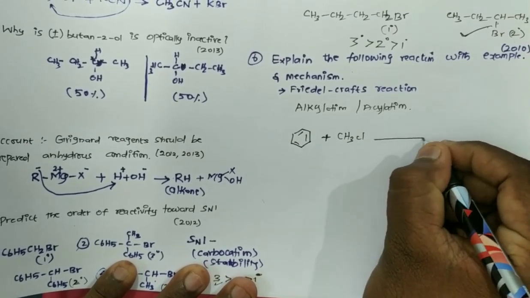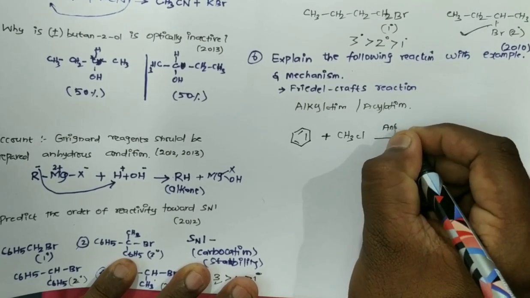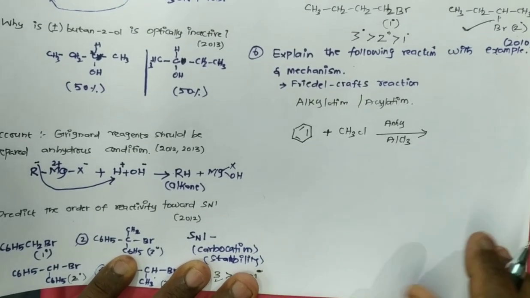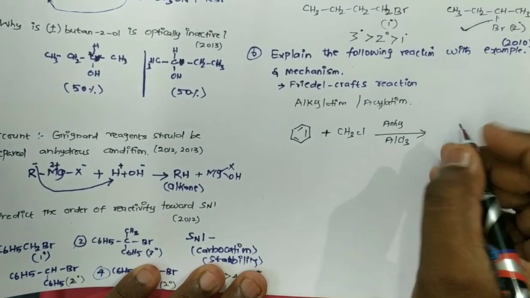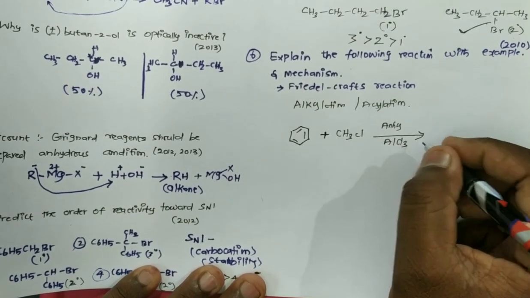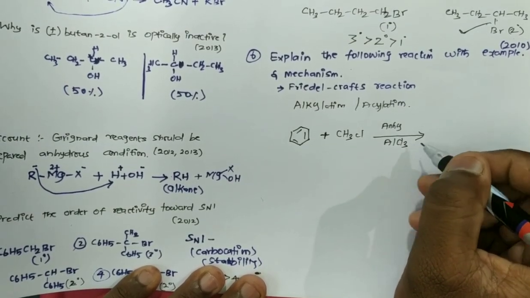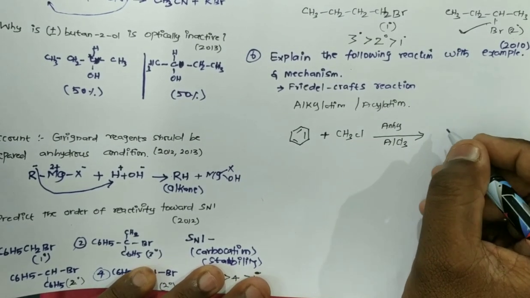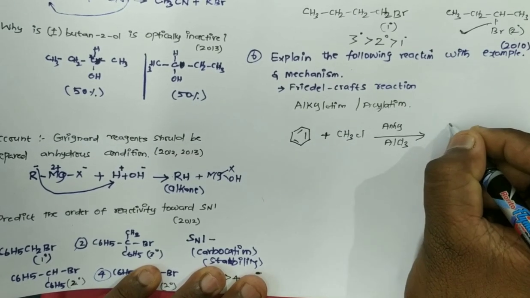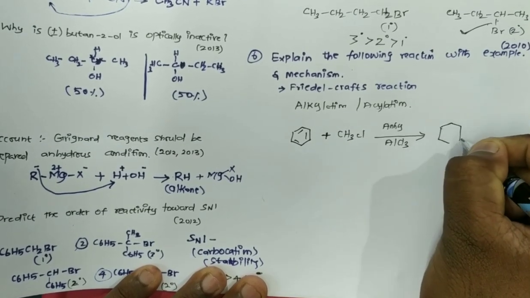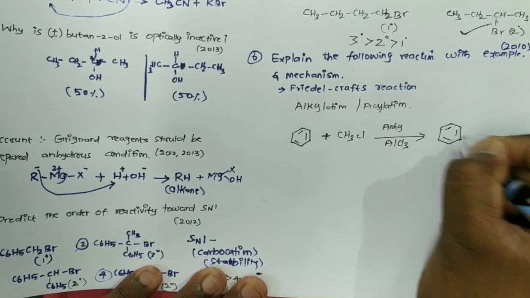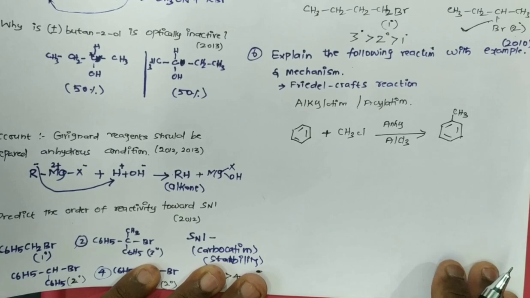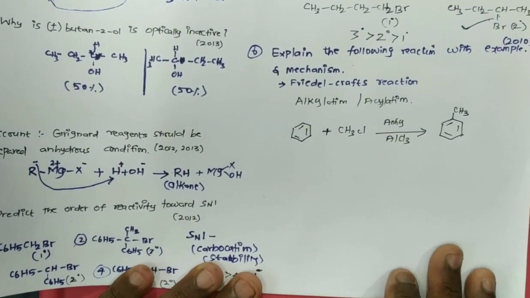In the presence of anhydrous aluminum chloride, which will act as a Lewis acid, an electrophile forms. So it is a kind of electrophilic substitution reaction. The overall product I am getting is this: the CH3 group is getting attached to the ring. So this is benzene to toluene.